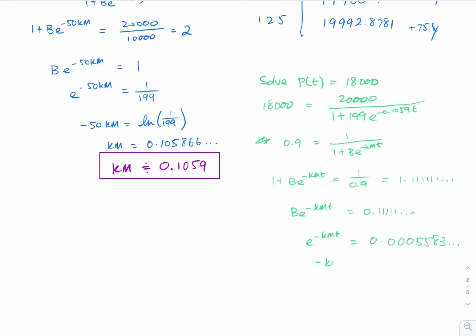And now we take the logarithm. And when we divide by negative km, we've got a nice value for km here, so we divide by negative that, and we get 70.732..., so approximately 71 years.